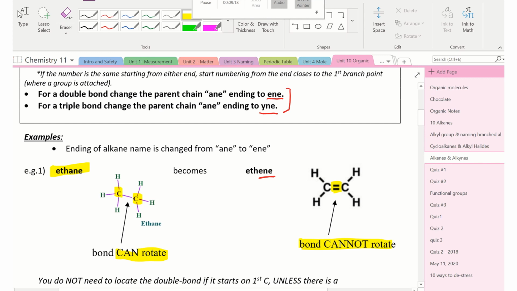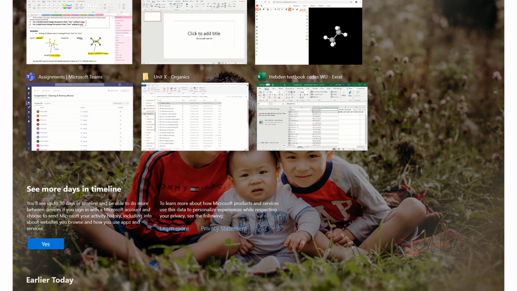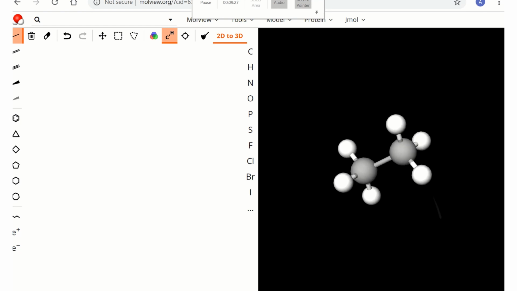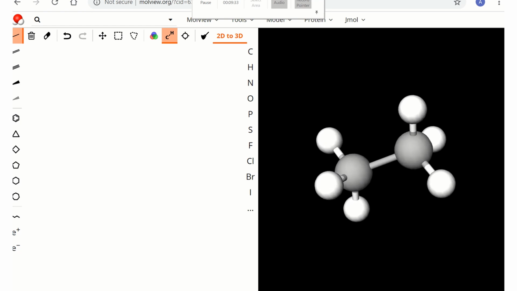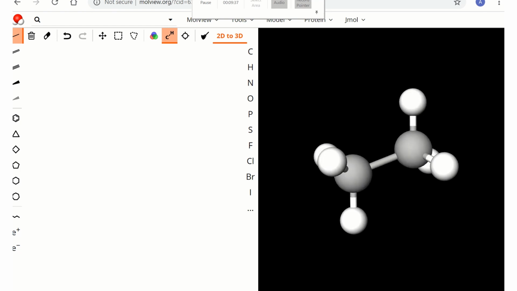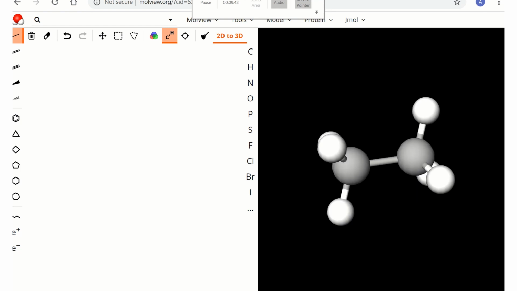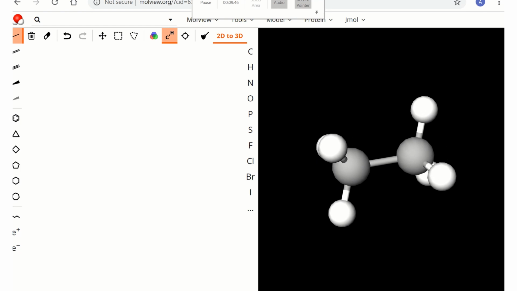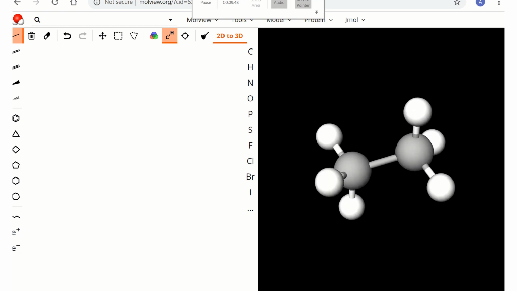Now I'm going to quickly show you this program, MoView, and hopefully you can understand it a little bit better. This model here is ethane. The 2 big balls are the 2 carbons, and because there's just a single bond in the middle, you can imagine rotating it, and all the hydrogens can go around, spinning around the carbon.